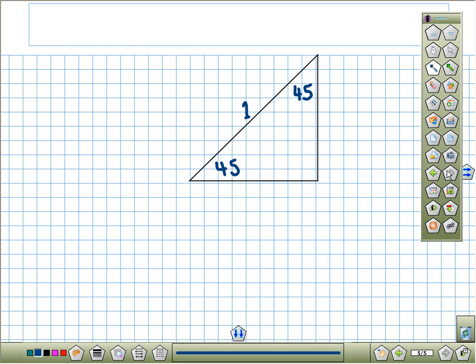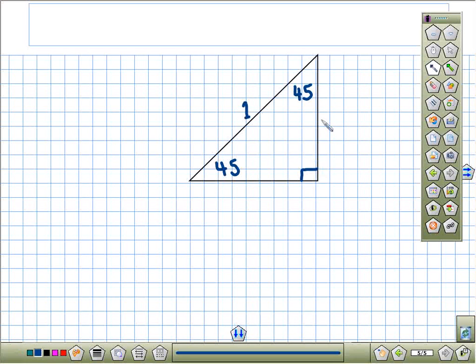Now let's look at this one. This is another special right triangle. Anybody know the name of it? Yeah, 45, 45, 90. Those are creative names. Now, how can we figure out what this side over here is? We know the hypotenuse is 1.